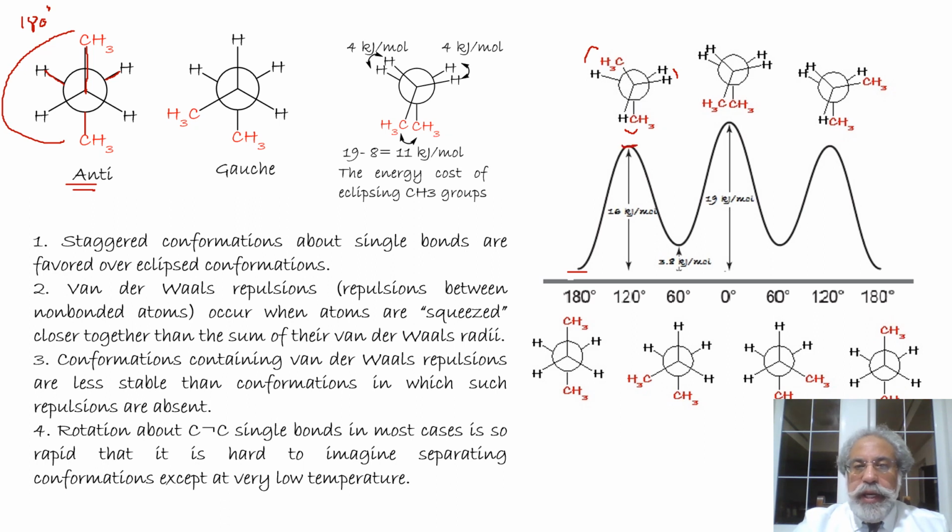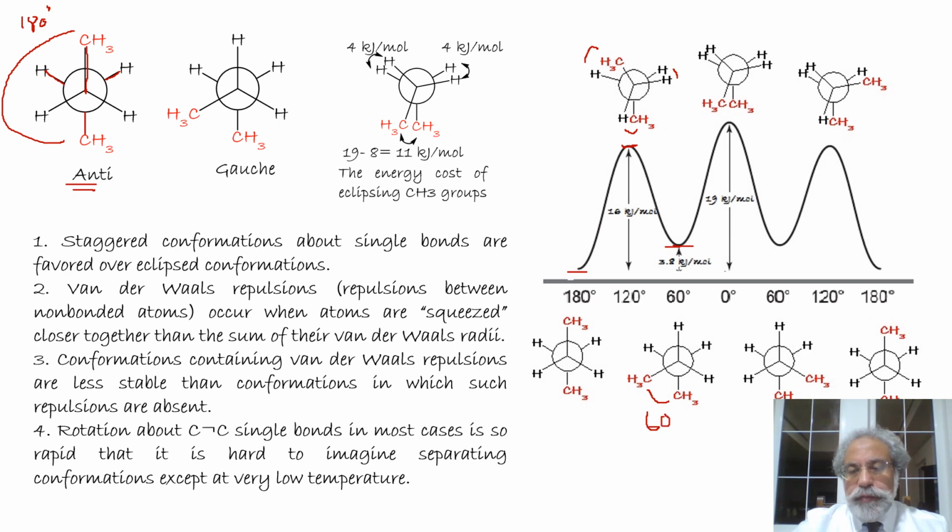And in this conformer, you have the eclipsed form between CH3 and the H, CH3 and the H, okay, and H and H. You move that again 60 degree, you will get up with another form conformer where the CH3 and CH3 60 degree.